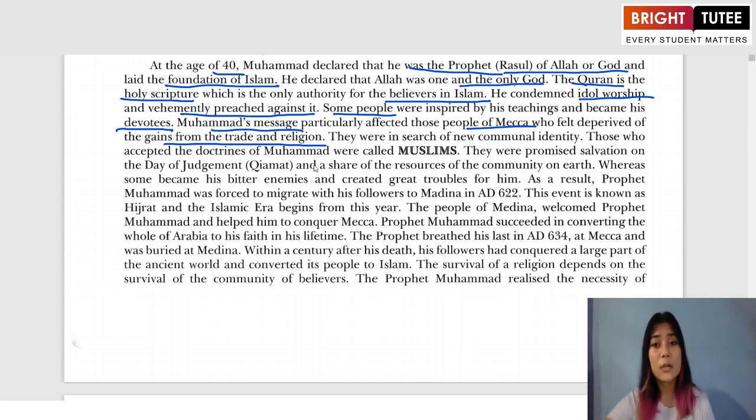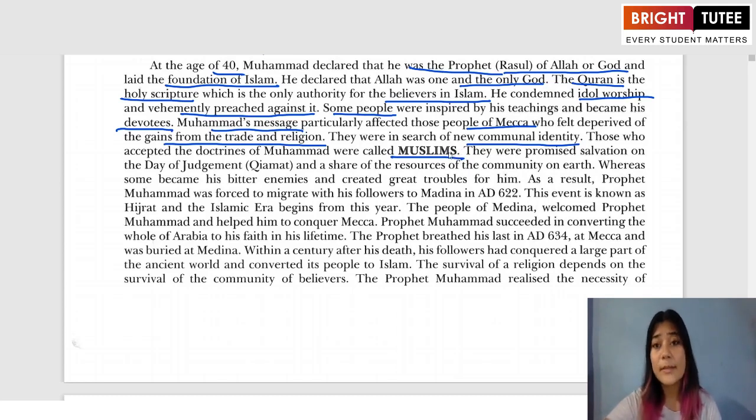So they were the most impacted ones. They were in search of a new communal identity because they were scattered. They were not benefiting from the privileges. So they were in search of belonging to a community. As they were inspired by Muhammad's teachings and became devotees of Prophet Muhammad, they came together as one community, called the community of Muslims. The devotees came to be called Muslims.